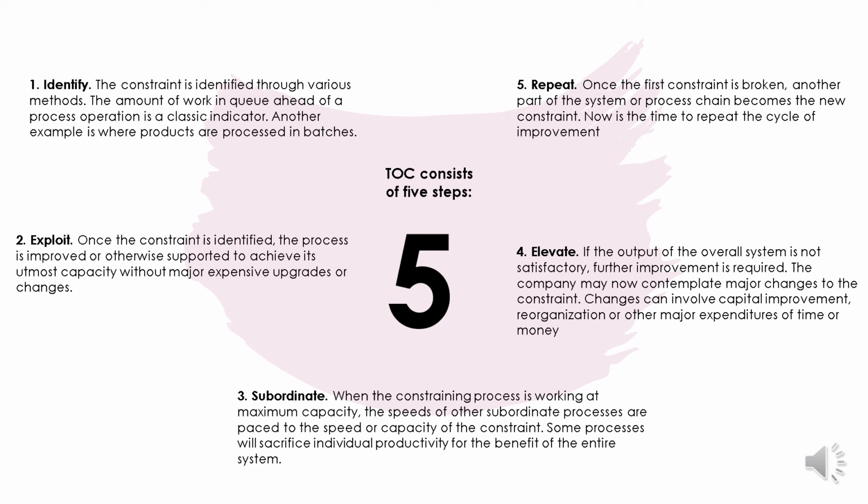Subordinate. When the constraint process is working at maximum capacity, the speed of other subordinate processes is adjusted to the speed or capacity of the constraint. Some processes will sacrifice individual production for the benefit of the entire system.